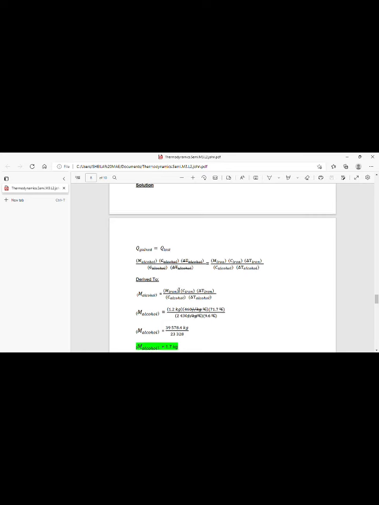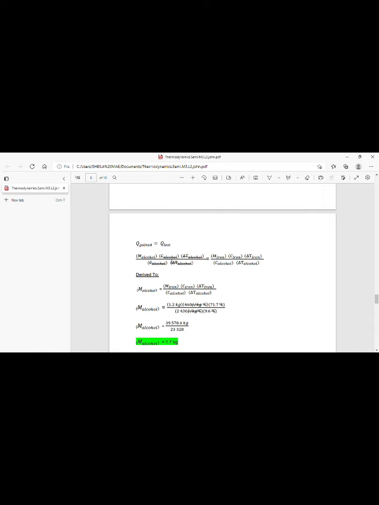Our solution is the same as in the heat loss, but Q gain equals Q loss, not Q loss equals Q gain, because we are now in the heat gain system. So as you can see here, they are more likely the same. Cancel out. We will only remain this mass of alcohol because this is our missing part.